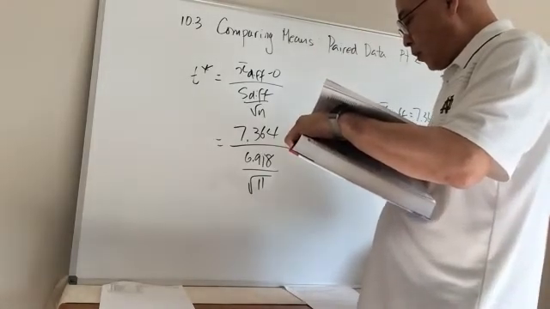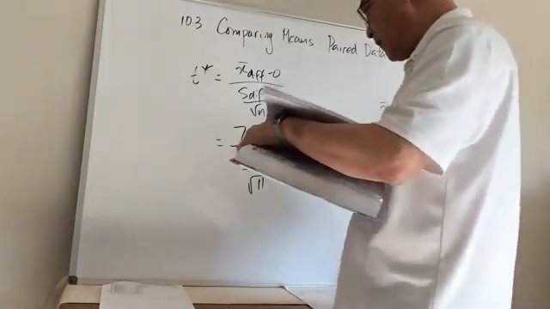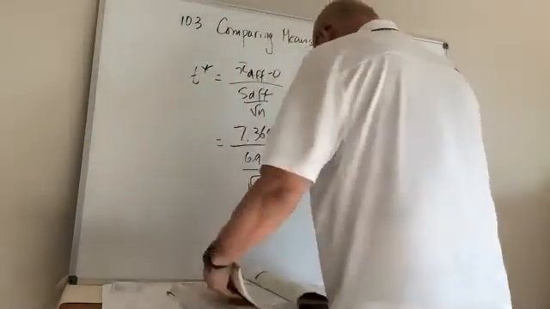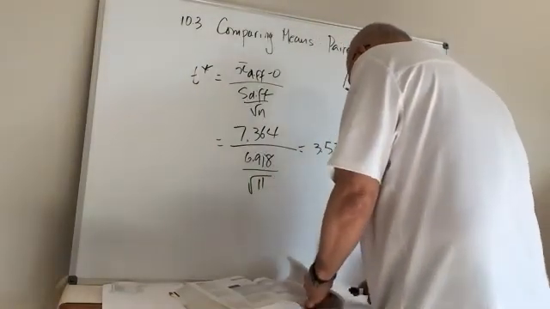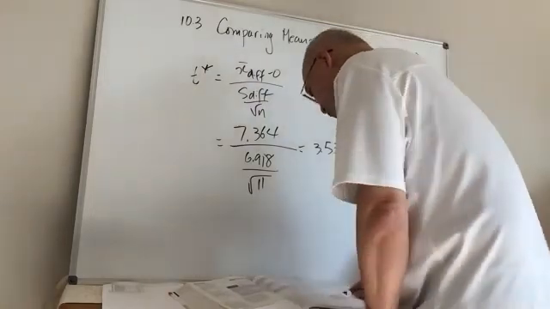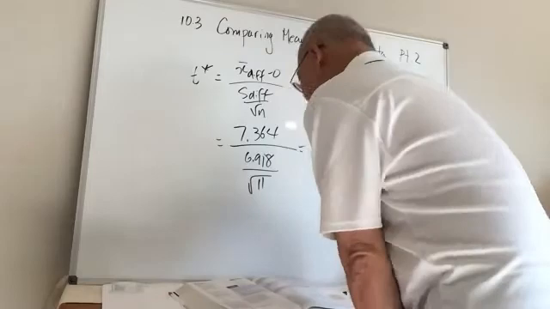It's in between 0.005 and 0.0025. So your p-value is going to be between 0.005 and 0.0025. If you do the tcdf, you actually find it to be 0.0027.